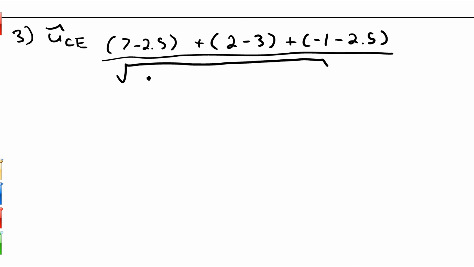So this turns out to be a 4.5 squared plus a negative 1 quantity squared plus a negative 3.5 quantity squared. And this is going to be equal to a 5.79.